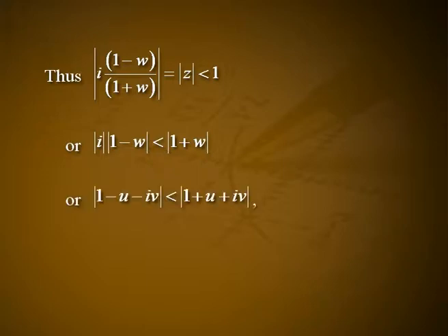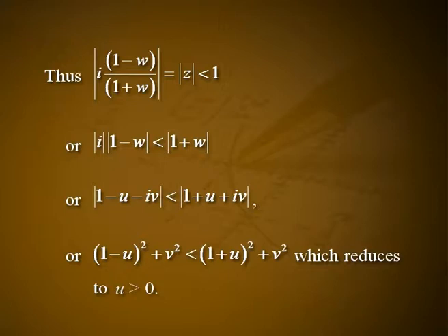Thus, |i(1 - w)/(1 + w)| = |z|, which is less than 1, or |i||1 - w| < |1 + w|, or |1 - u - iv| < |1 + u + iv|, or (1 - u)² + v² < (1 + u)² + v², which reduces to u > 0.